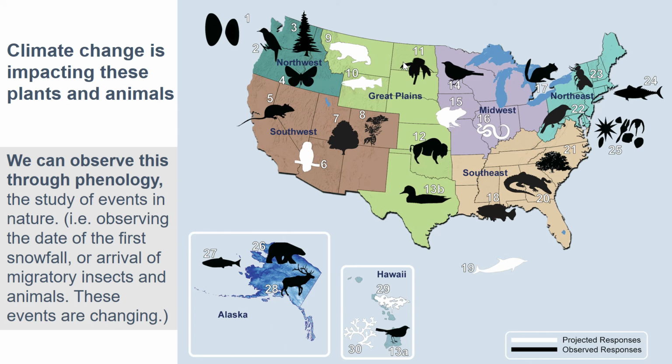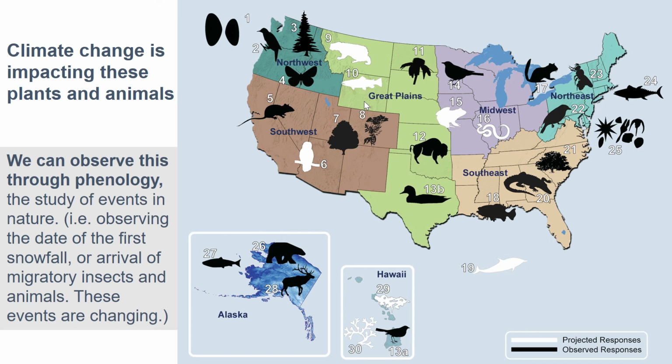In this particular image, the black-colored ones are the animals that have already shown some responses. Responses means they were either dying or there have been some changes, such as moving in search of other places. This is for the US. These changes have a direct impact on all the animals and plants present.